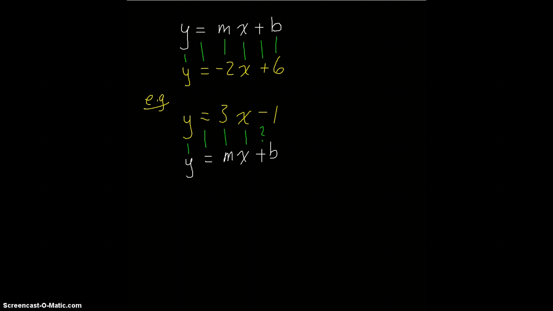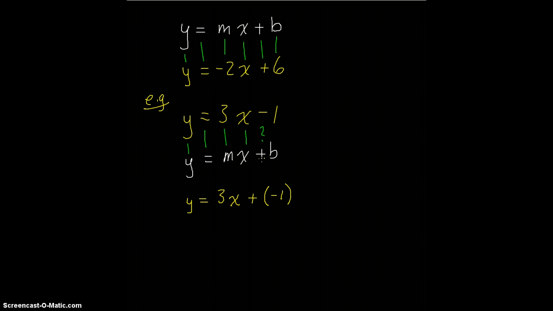So let's rewrite this equation, the one in yellow. Y is equal to 3x. And if I add something, what am I going to add? Yeah, we've had tons of practice on this. I would add a -1.